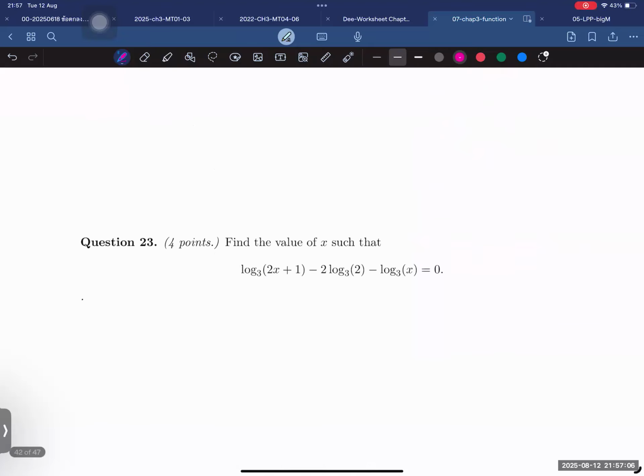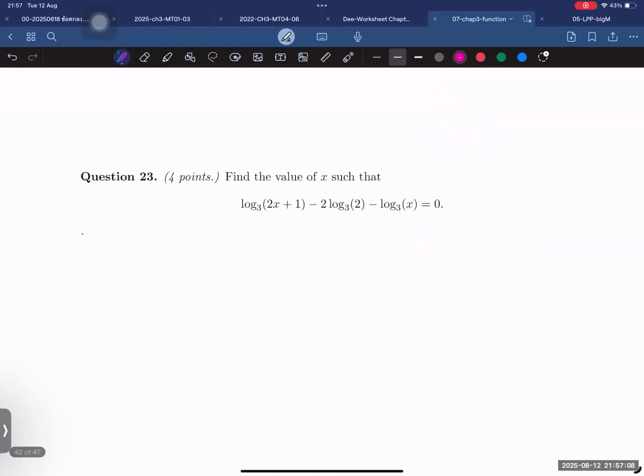Okay. How about this one? You can notice that everything is log base 3. So we're gonna use log of a times b equal to log of a plus log of b, something like this. And if you have the negative, it's gonna be division.